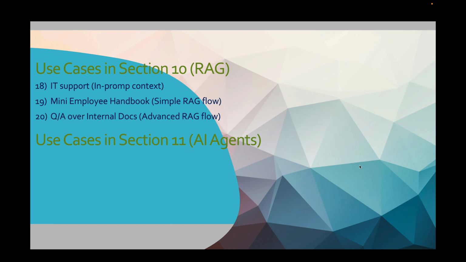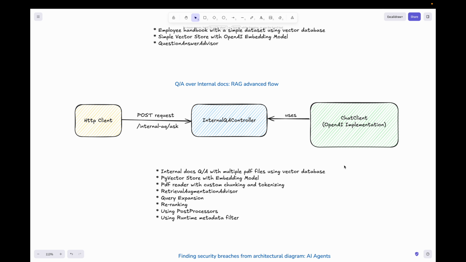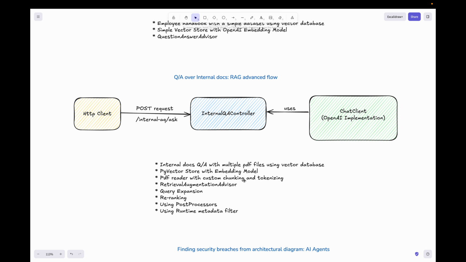Then after this simple RAG flow, I will create an advanced RAG flow with a QA over internal documents use case. In this one, I will use the OpenAI implementation of Spring AI chat clients and create an internal QA controller. So here, an internal documents QA will be used with multiple PDF files using the vector database.